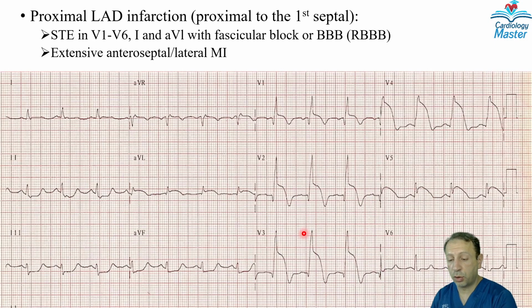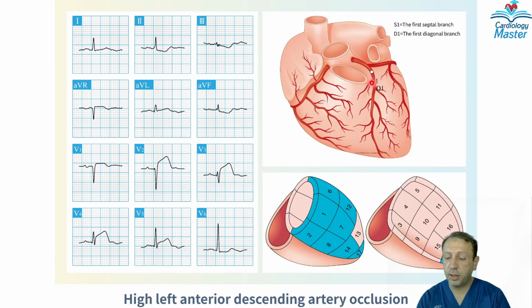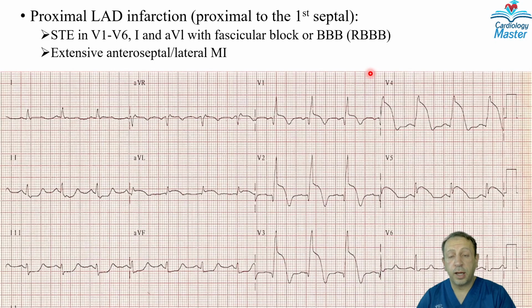With a very proximal occlusion, proximal to the first diagonal, these are the diagonal branches and those are the septal branches, it will result in anterior ST elevation in all the leads from V1 to V6.